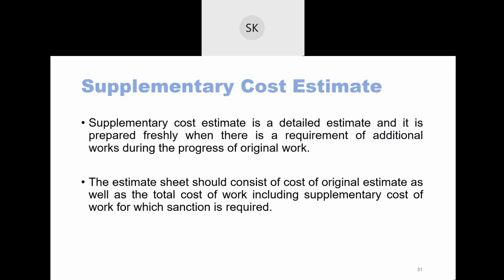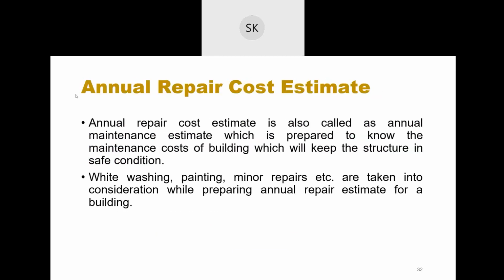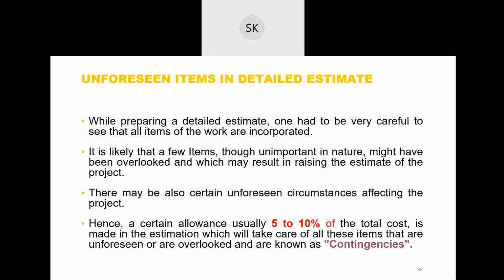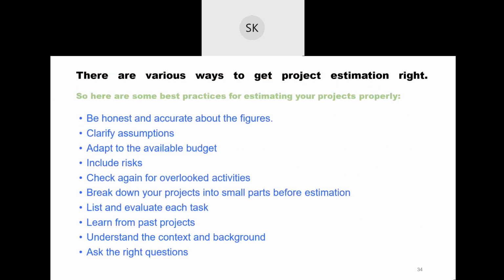They will give you the money whatever is sanctioned for that work. So for sanctioning the extra amount, you need to make an estimate, which is known as supplementary cost estimate. Annual repair: for annual maintenance, you need to make an estimate. So these are the ways you can do the project estimation very correctly.